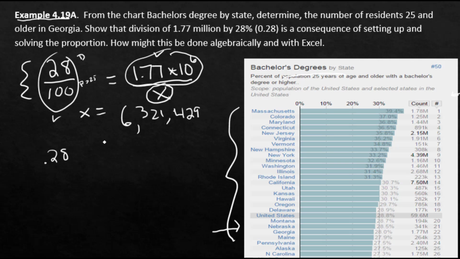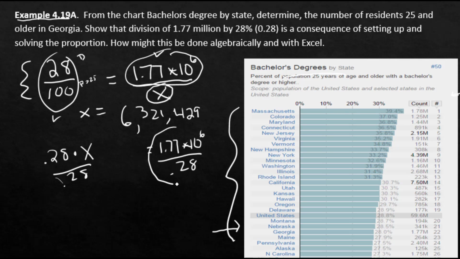So if you wanted to make an algebraic equation, you could say that 0.28 of the total population 25 and over, 28% of that, is equal to 1.77 times 10 to the 6th. And then divide both sides by 0.28. And you wind up with this here, which is exactly the same as if you cross multiplied and then divided.